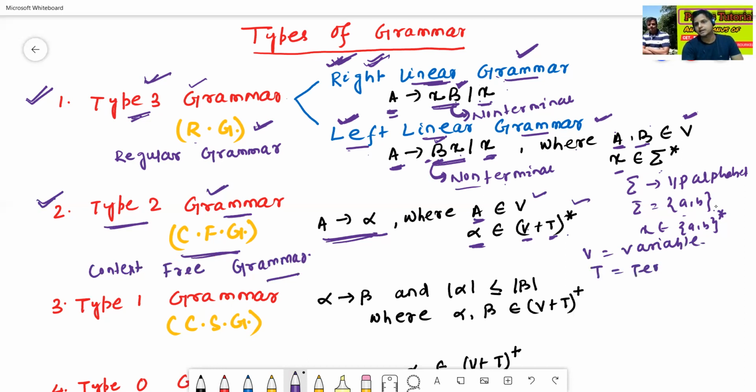Terminal means small letters; variable or non-terminal means capital letters. So alpha belongs to (V plus T) whole star, and A belongs to variable.